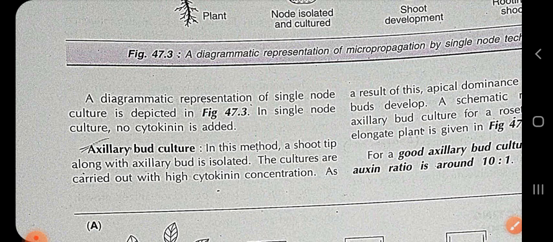So both of them are similar, but the axillary bud is a finer part of the plant, where we are only taking the bud, not the nodal segment. In nodal culture we are taking the nodes, a little bit of internode, and the axillary bud.